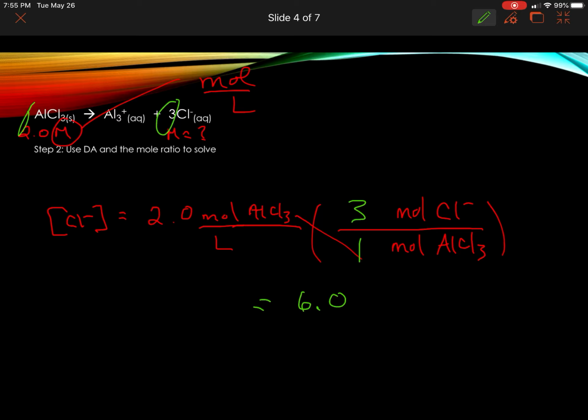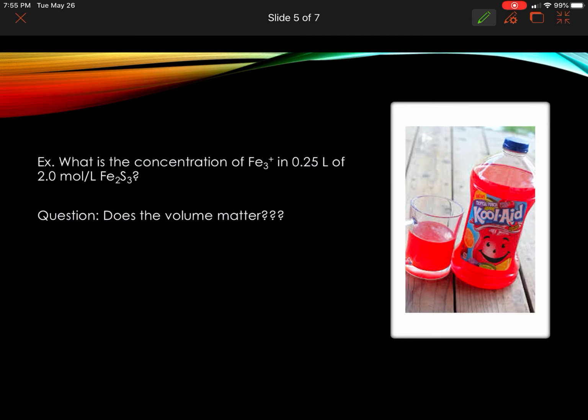Make sure you check your sig figs. Moles per liter. So what this means is that you've got 6 moles per liter of chlorine ions in a 2 molar solution of aluminum chloride. Okay, so you just use the mole ratio to solve these. Okay, let's do another one.